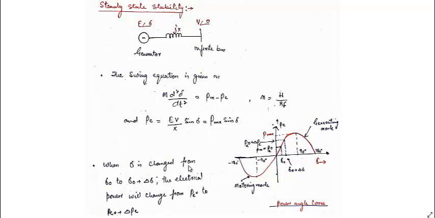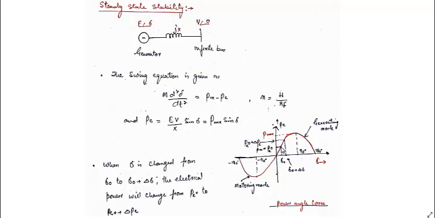Now when delta is changed from delta naught to delta naught plus Δδ, that means a slight increase in delta, the electrical power will change from Pe naught to Pe naught plus ΔPe.